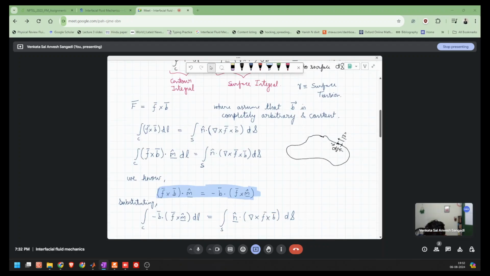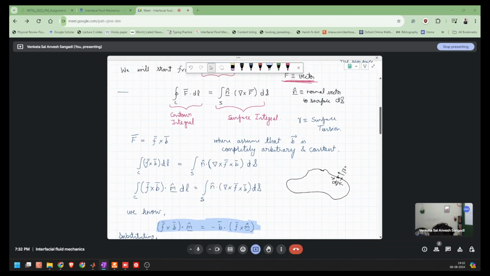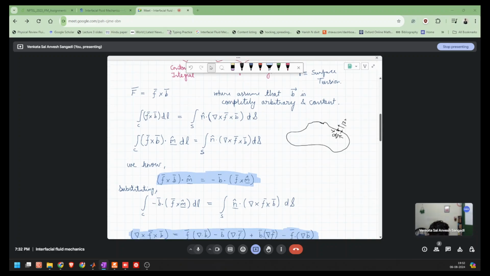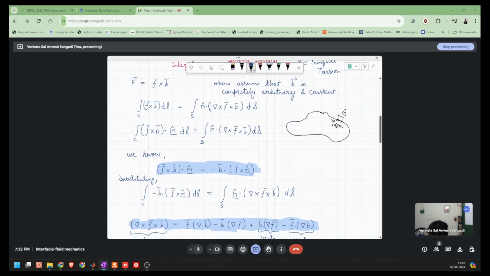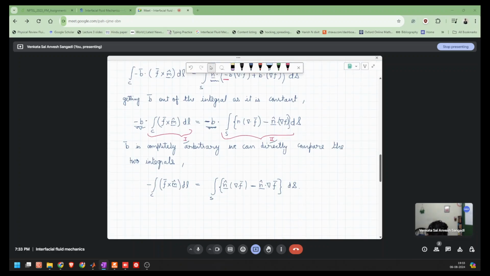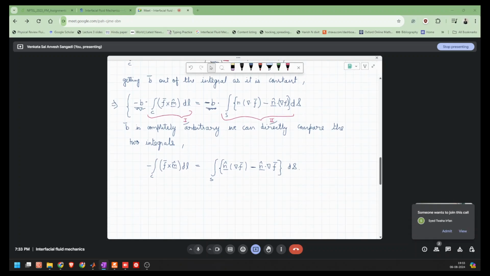So, starting off from the Stokes theorem, we have assumed F to be small f cross B, where B is arbitrary and constant. Upon replacing it into the equation and using some standard vector identities, we derive this equation, from which B has been completely eliminated.